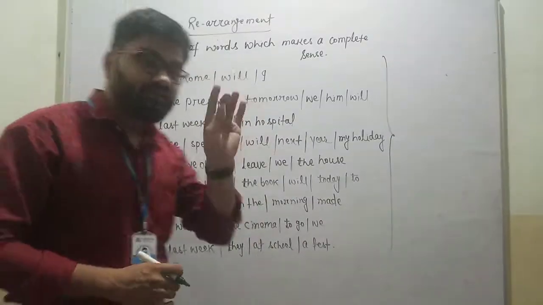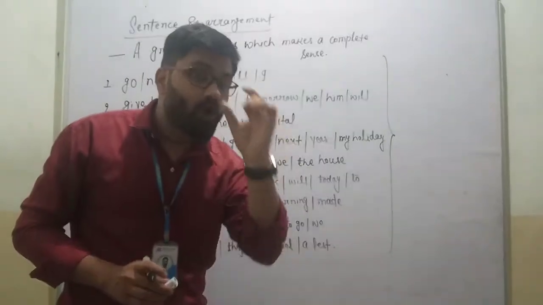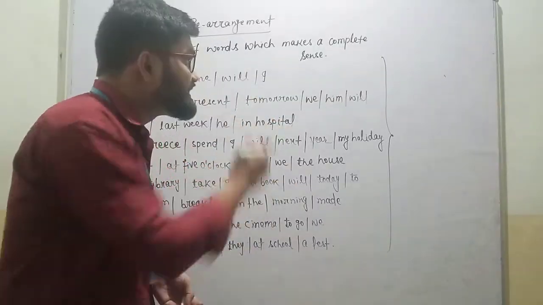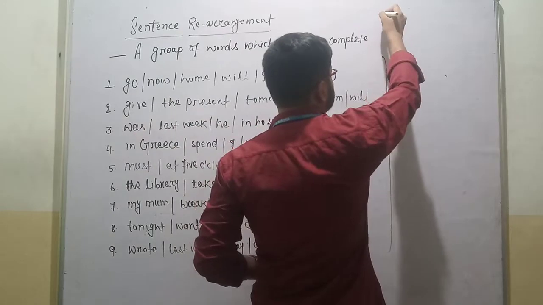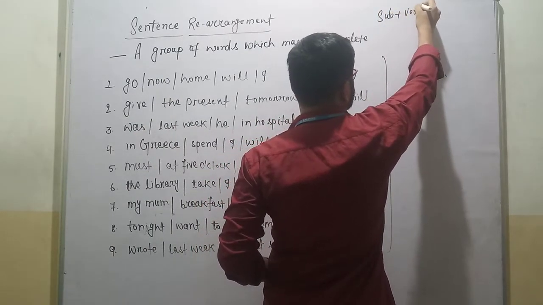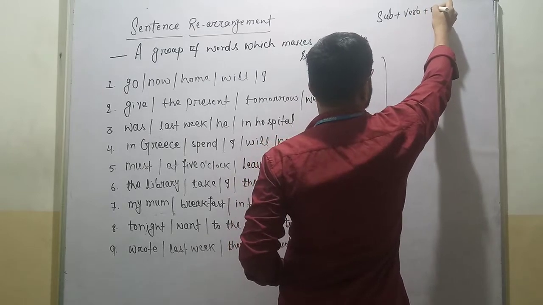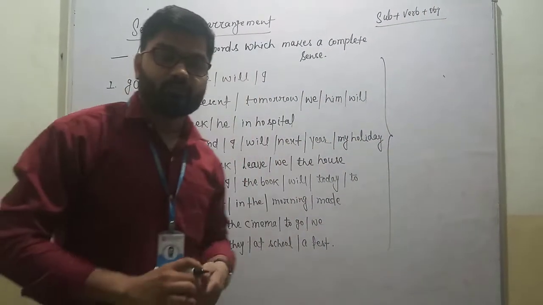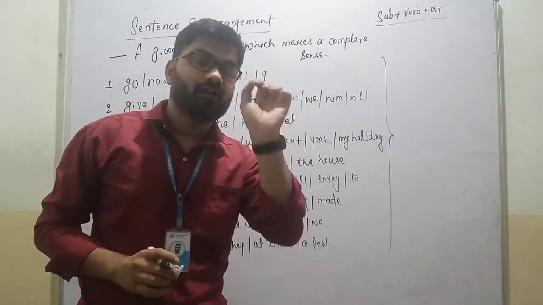So, we should understand the basic components to make a sentence. So what are those? Let me write here. These three components, in which two are a must.